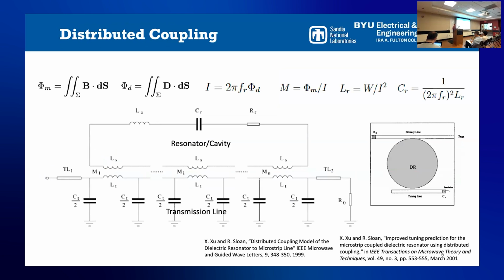In 1999, Ziemanzu and Robin Sloan proposed modeling coupling between electromagnetic resonators and wires using a geometry like shown on this slide, where a single eigenmode of the cavity is represented by that loop.